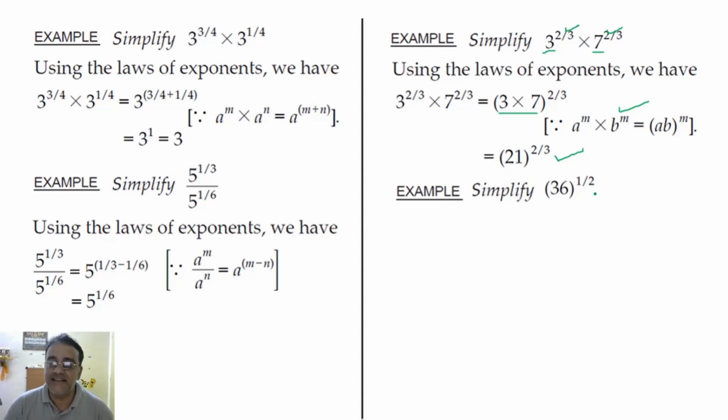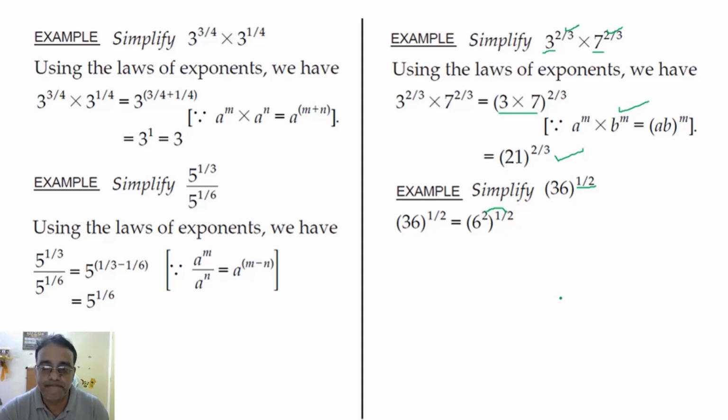Okay, now let us see one more question. Simplify 36 to the power 1/2. So ये 1/2 है तो हम लोग क्या करेंगे, 36 को 2 के पावर में हम लोग लिखेंगे. कैसे लिखोगे 36 को 2 के पावर में? 6 to the power 2. फिर ये दोनों into हो जाएगा. And which law we have to use for this?